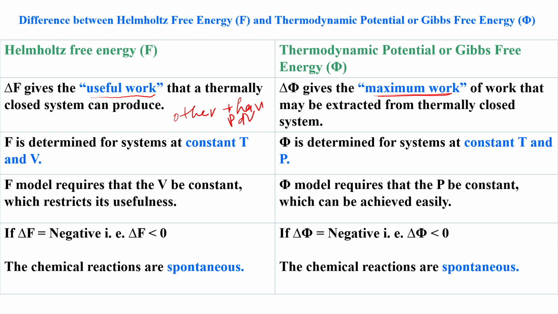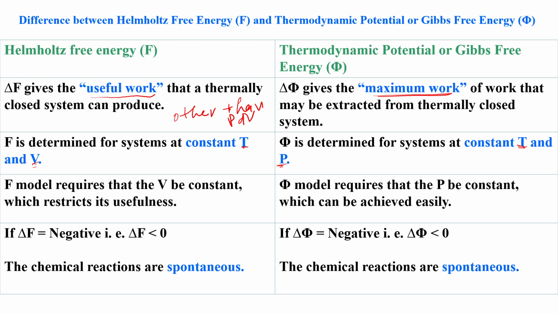We have seen that F is determined for systems at constant temperature and constant volume. Similarly, this phi is determined for systems at constant temperature and constant pressure. So in both cases, temperature is constant. We have considered in both cases isothermal systems, but here V is constant, here P is constant. The third difference is that the F model requires that V be constant, which restricts its usefulness.